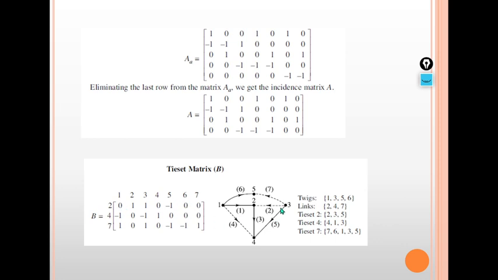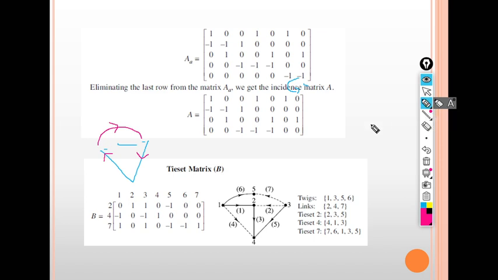The rest are 0 because this loop is only here, there is no other loop, because when you take the first tie-set, you will just take this one, this one, this one and this one. This is your tree. First eliminate all the links, next connect a link.